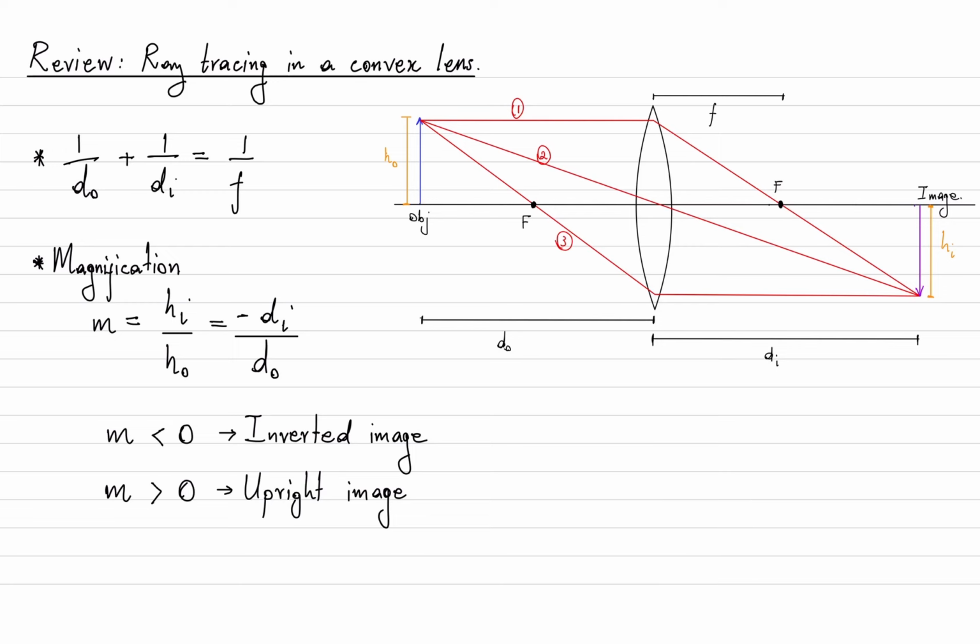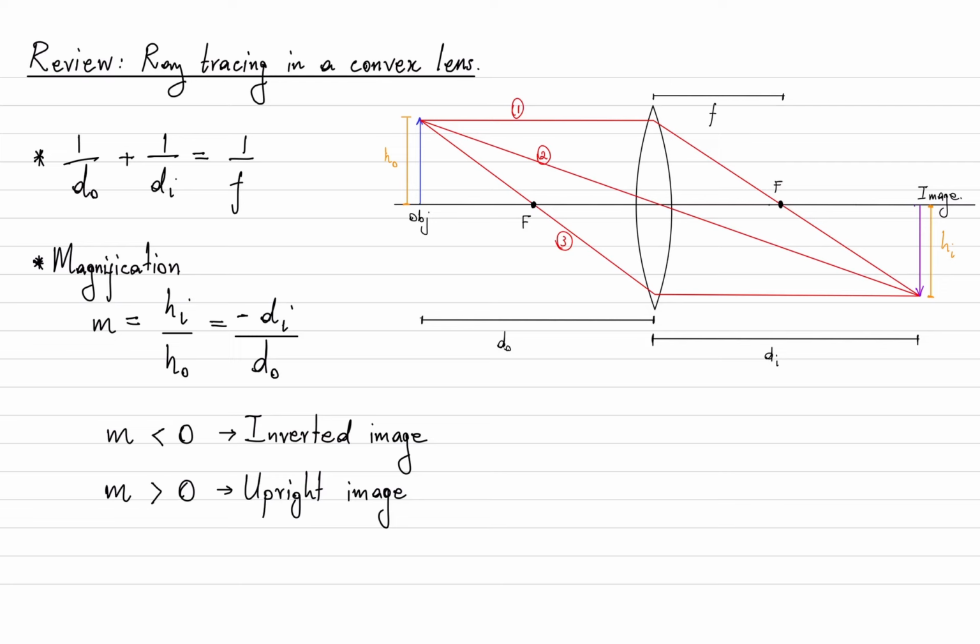So notice the image is inverted relative to the object. This lens would produce an image that's upside down. Because of this, we can talk about the effect of the lens as being inverting or keeping the image upright.